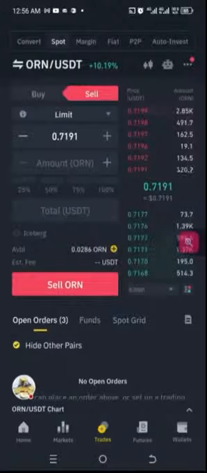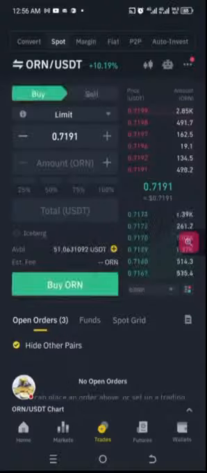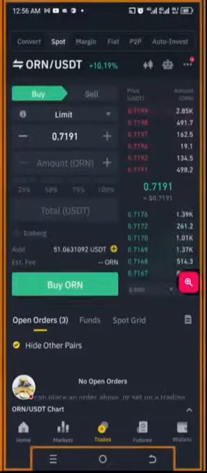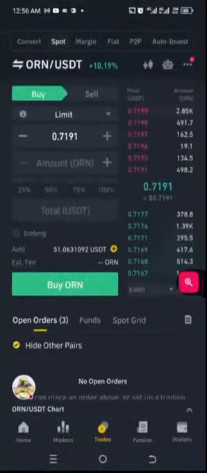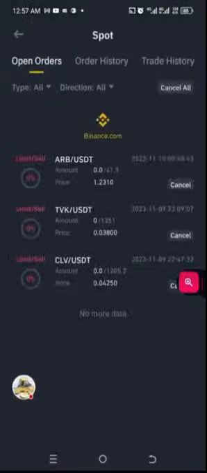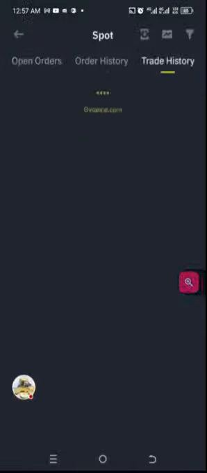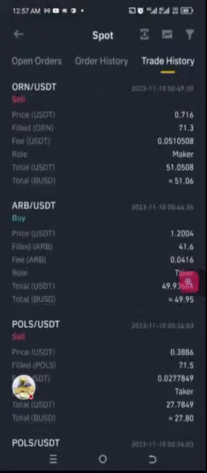So ORN has executed. Hope you love that. I love that. Let's look at how much we've been able to make. This is $51, which is 2% exactly. Can you see that? Because it was $1.06. Let's go check exactly how much it gave us. Probably like $1.12 or something.